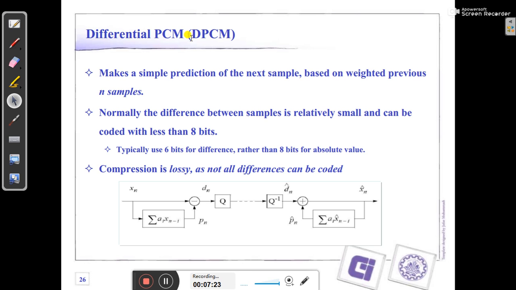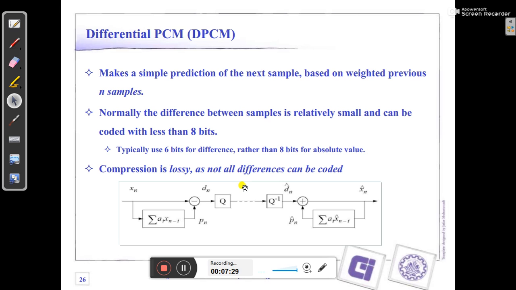Here you can see compression is lossy because not all differences can be coded. A difference can be fractional also, but we can only code integer values directly, not fractions. So in that way also we might lose some information.